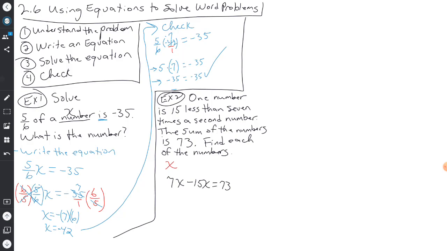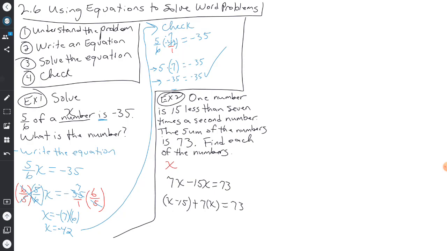Alright, so I started with open parentheses x, take away 15, close parentheses, so you had x minus 15, plus 7, and then in parentheses x, equals 73. That's what I started with.